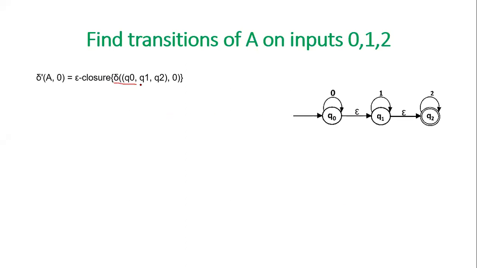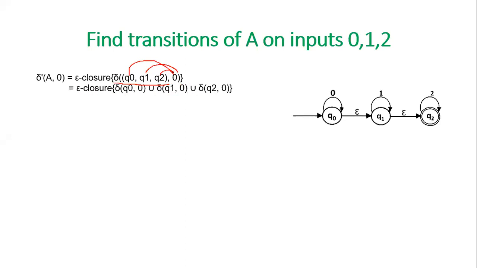So I can give this as delta dash of Q0 comma epsilon. Both are the same. So here I have mentioned epsilon closure of delta of the particular state comma 0. And what is the next step? We have to calculate with the help of the union operator. We have to calculate each and every state with the input 0: Q0 comma 0, union Q1 comma 0 and Q2 comma 0.